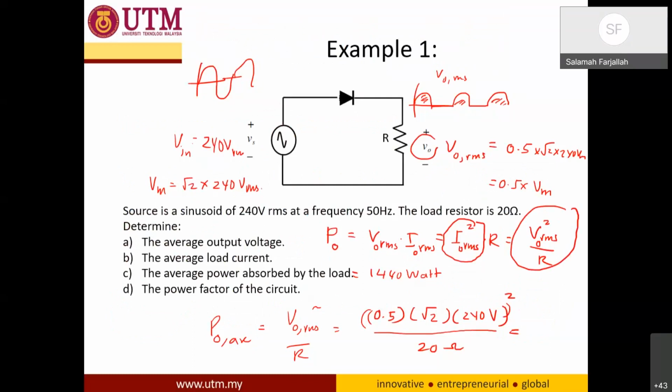IRMS equal to VM over 2 multiplied with R. I cannot get it, what do you mean? I mean IRMS equal to VM over 2 multiplied by R.